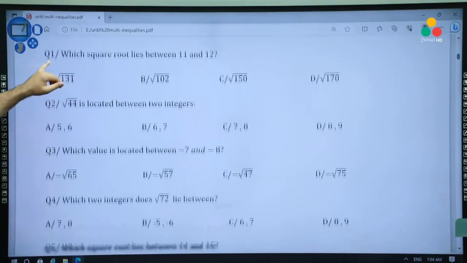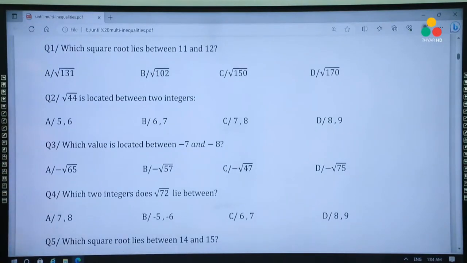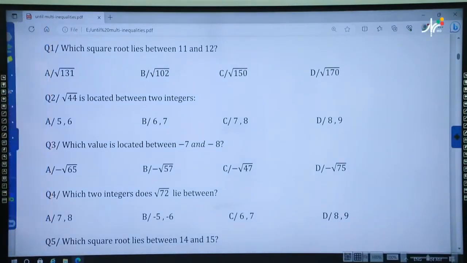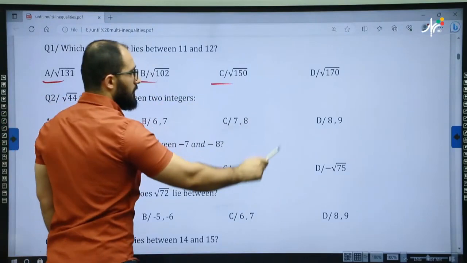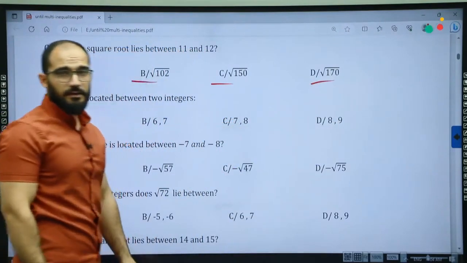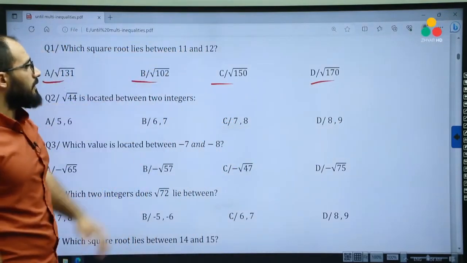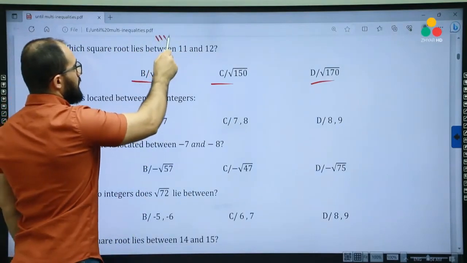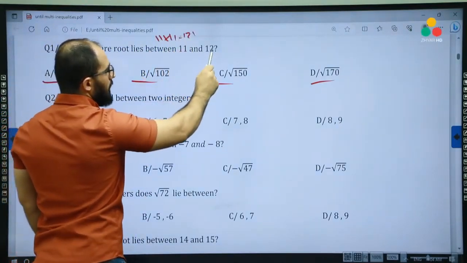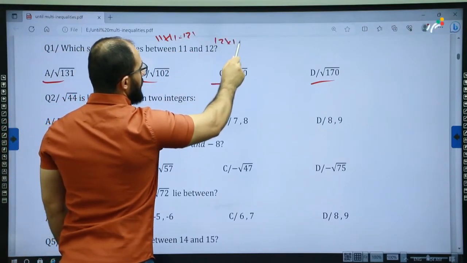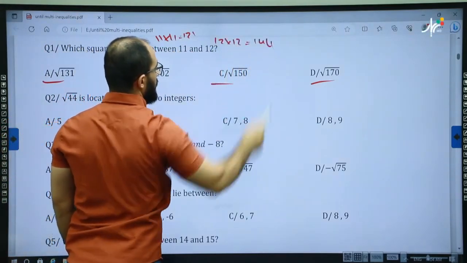Then we have some practice questions. It says which square root lies between 11 and 12. Maybe you focus on the answers first, but do not focus on the answers. Directly we are going to square both numbers. 11 times 11 is equal to 121. 12 times 12 is equal to 144.